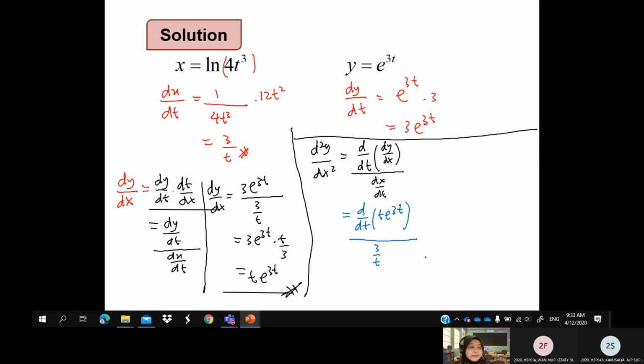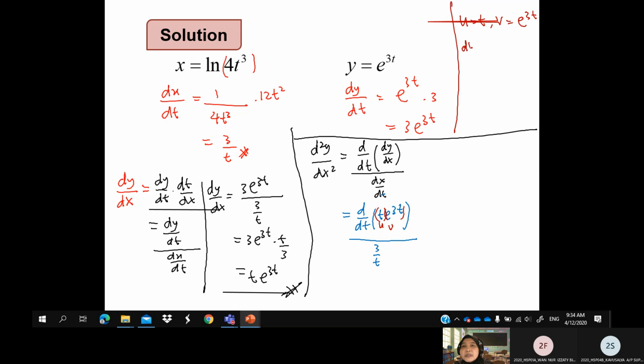This is a product uv. Let u be t and v be e^(3t).